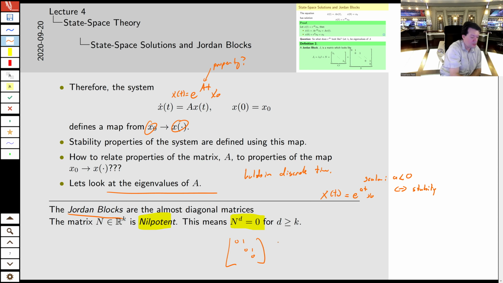The second power looks like 0, 0, 1, 0, 0, 0, and then the third power is just 0 everywhere. So the effect of that N matrix is to shift the diagonal. Every time you take a power, it shifts that diagonal 1 off until it eventually shifts it off the matrix entirely. So that's a nilpotent matrix.